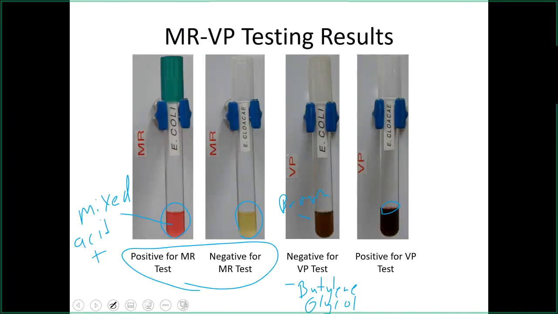And so that tells us it was positive for this test. This is an organism that utilizes the butylene glycol pathway. These results sort of tie together here. All right, so there's that, the MRVP tests.